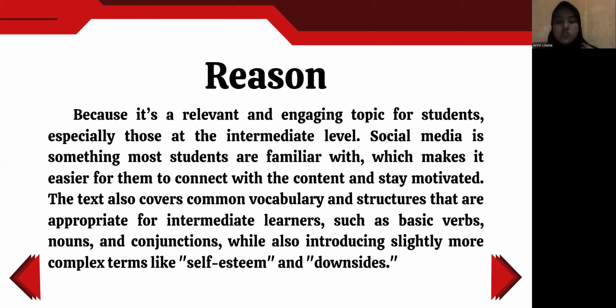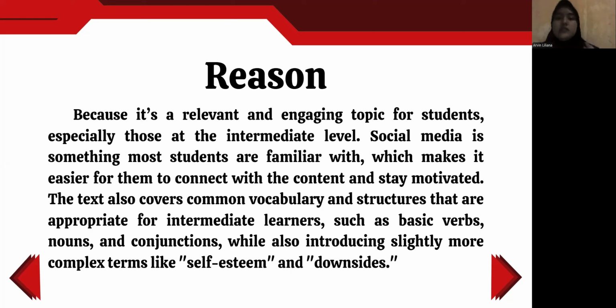The text also covers common vocabulary and structure that are appropriate for intermediate learners, such as basic verbs, nouns, and conjunctions, while also introducing slightly more complex terms like self-esteem and downside.